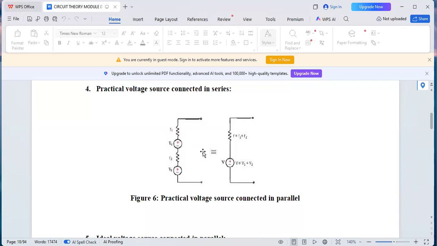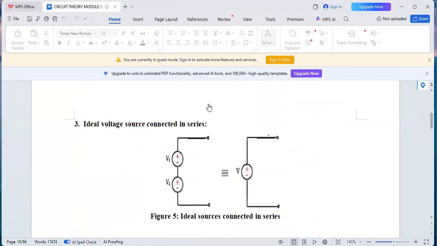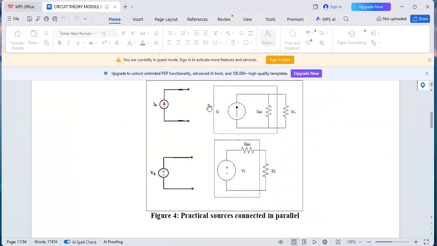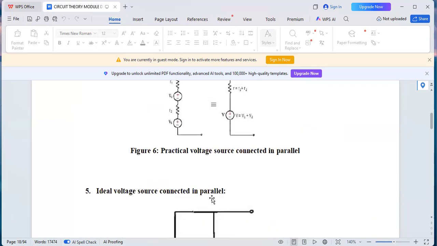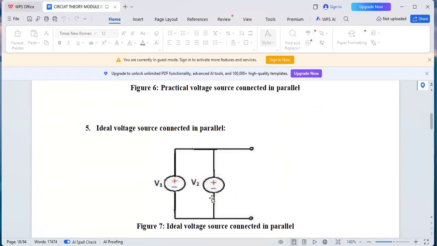So that is the practical thing that is happening inside the battery. But in the ideal situation, you only see it as this, as a voltage source. You don't see the resistors added to it as the internal resistance.